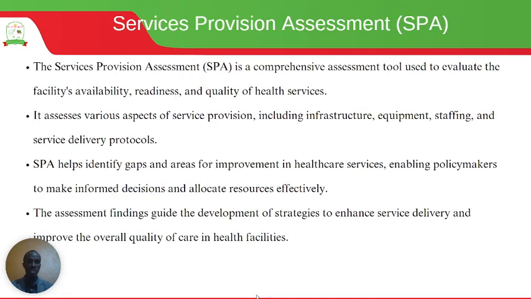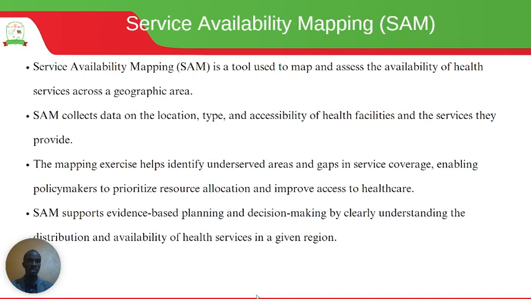Another tool that is used in health facility assessment is what we call the SAM or the service availability mapping. And in this case, we use this tool to map and assess the availability of health services across a geographic area that we are interested in.